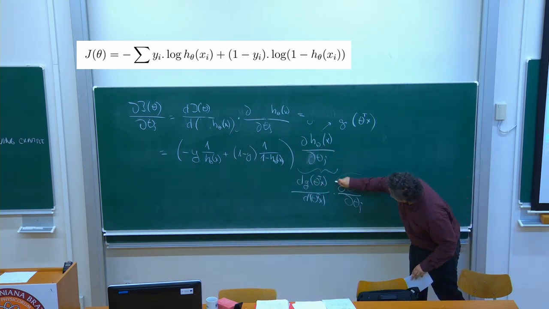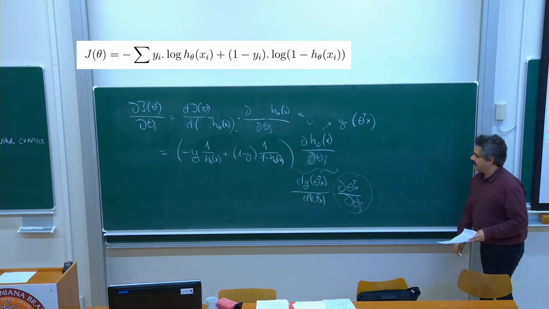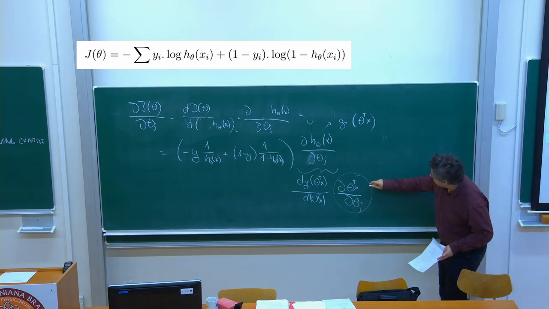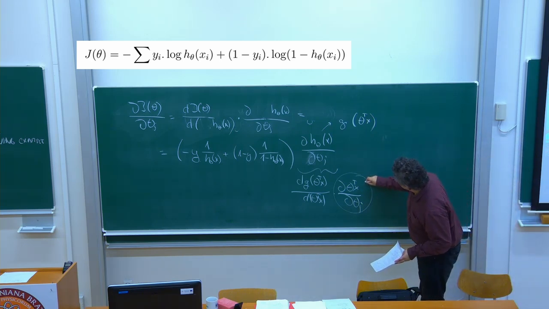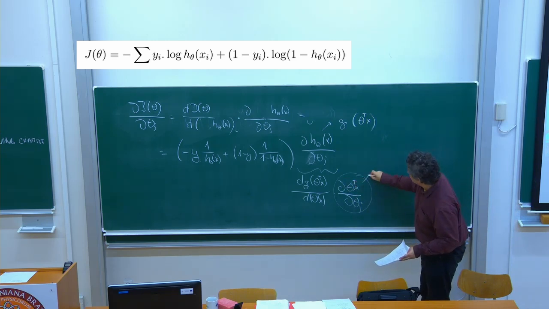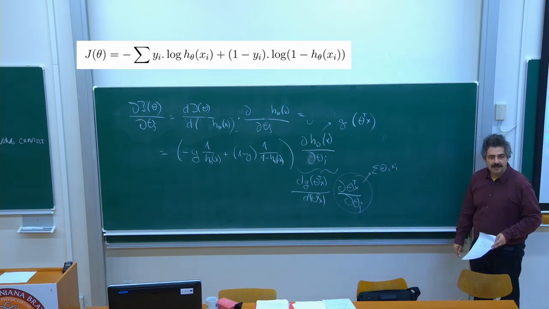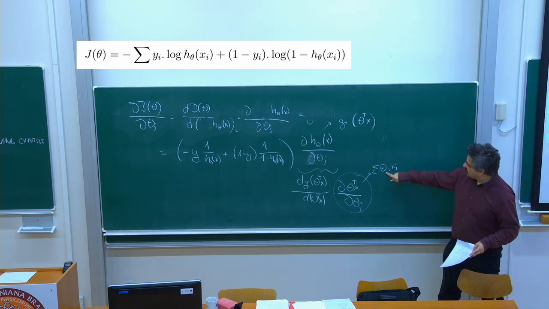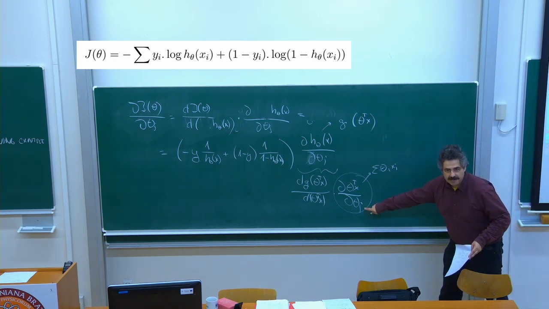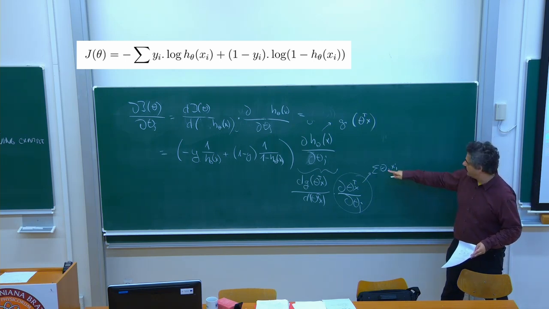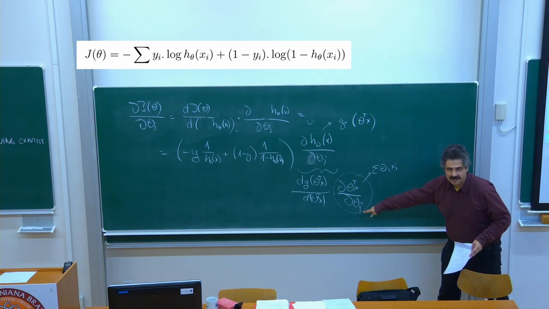now I can look at this. This is easy, right? Because this theta transpose x is simply the sum over theta i xi. And if I take a derivative, all parts will be zero derivatives except for the one that actually has theta j in it.